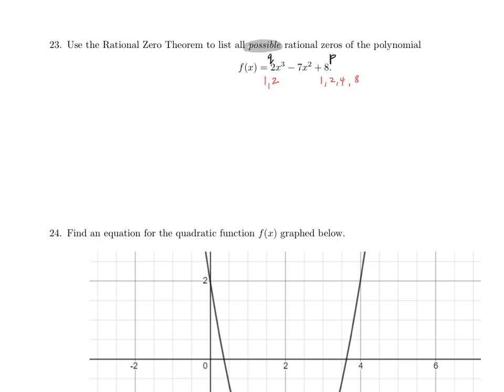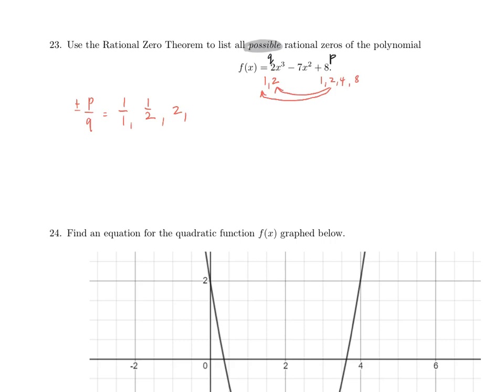So your possibilities are plus or minus every p over every q. I'm going to start with 1. So it'll be 1 over 1, 1 over 2. Okay, now I'm going to do 2. 2 over 1 is 2, and 2 over 2 is 1.